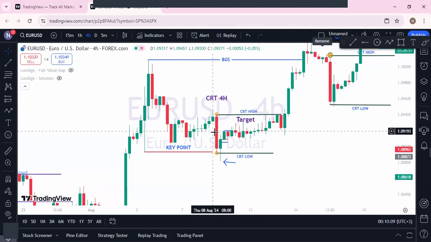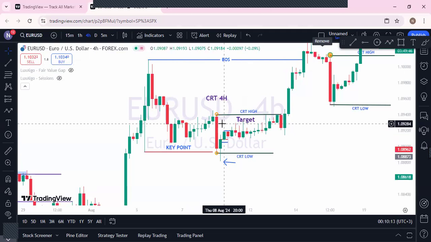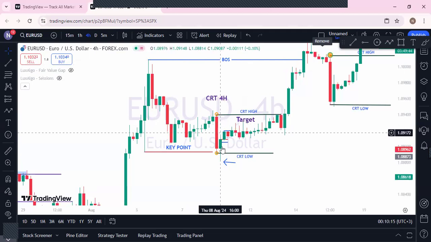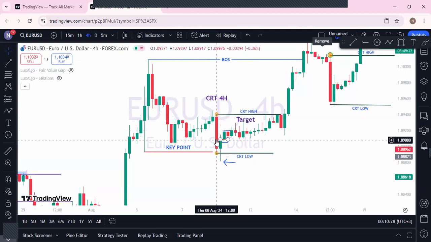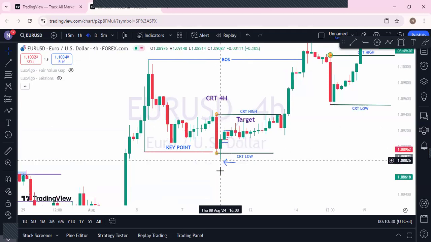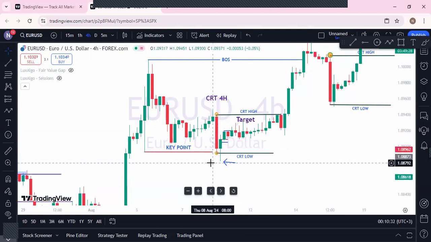So for us to know that this seller's force will still exist, it will be proven when the next candlestick is completely formed. So the candlestick number 2, after this strong candlestick, should close below so that we can know that this trend has changed or the sellers now are taking control.